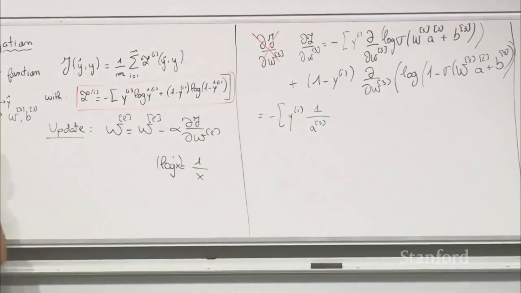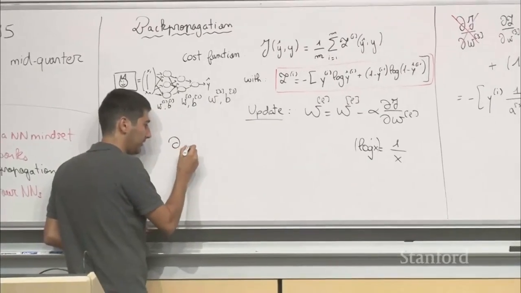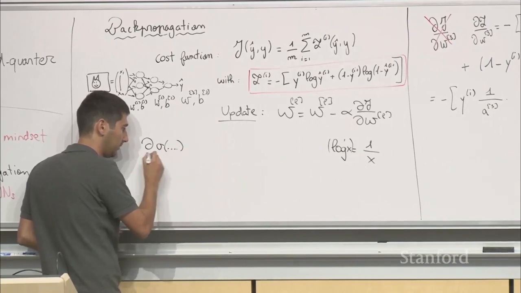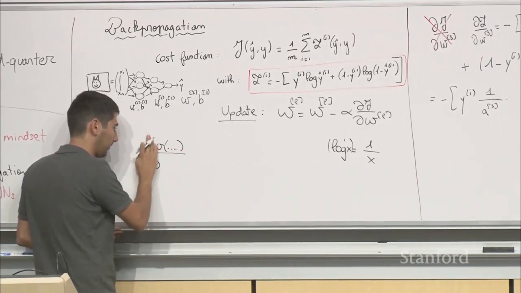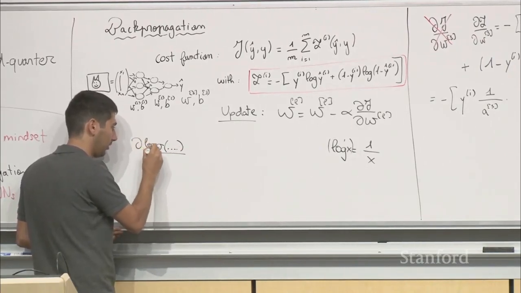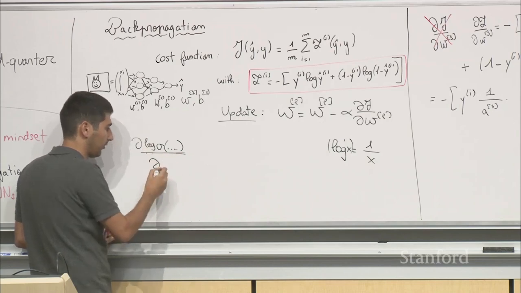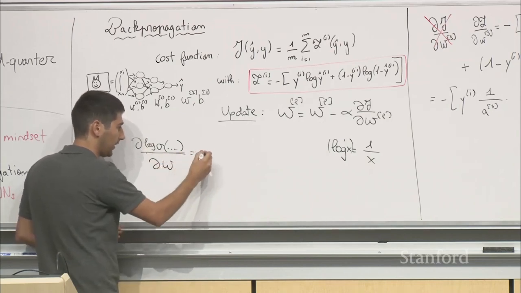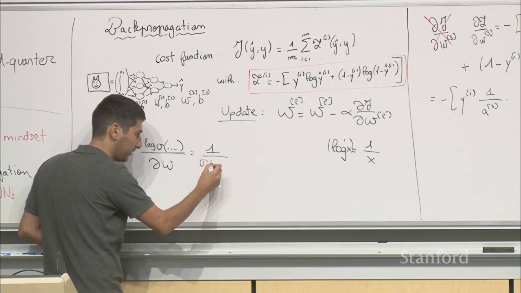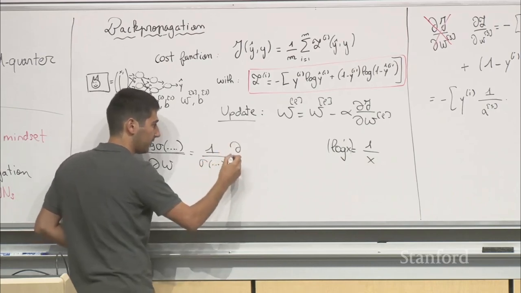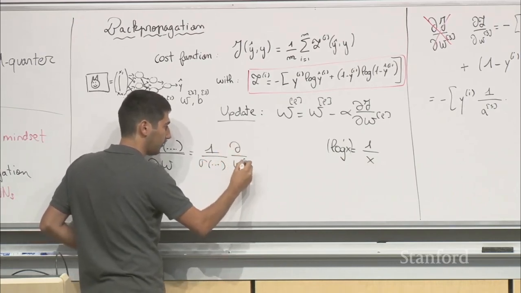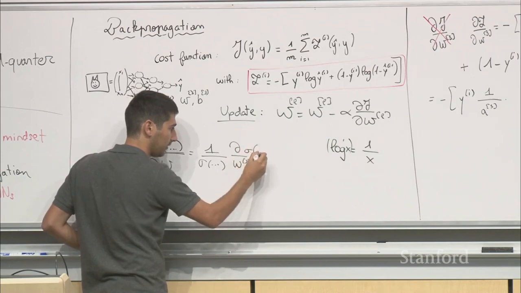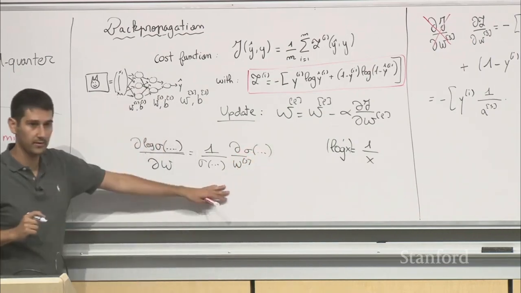Anyone remembers that? I'm going to write it down here. If we take the derivative of log of sigmoid with respect to W, what we have is 1 over the sigmoid times the derivative with respect to W3 of the sigmoid. Does that make sense?